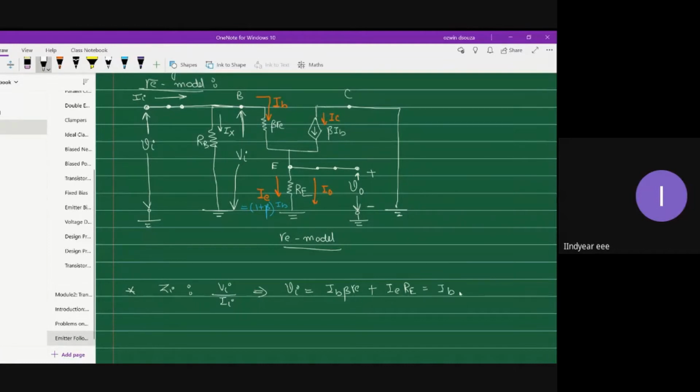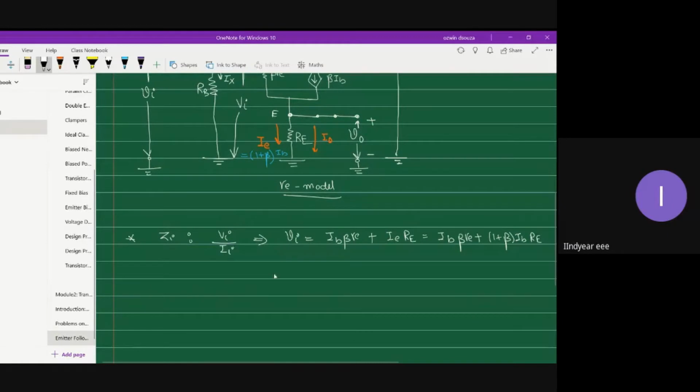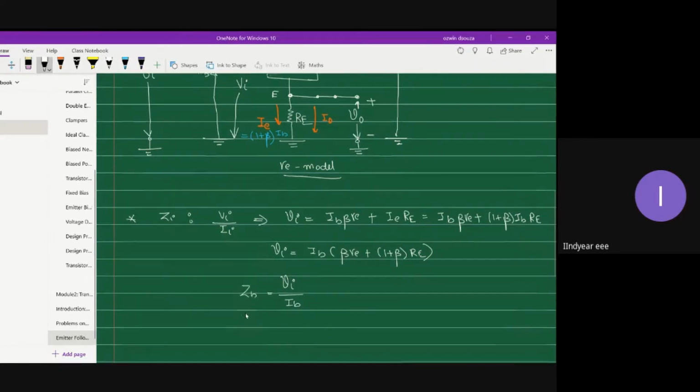So IB into beta RE plus 1 plus beta times IB into capital RE, and you take IB outside the bracket, so you would get VI is equal to IB times beta RE plus 1 plus beta times capital RE, or you take out the ratio voltage by current, and let us define this ratio as some impedance ZB.